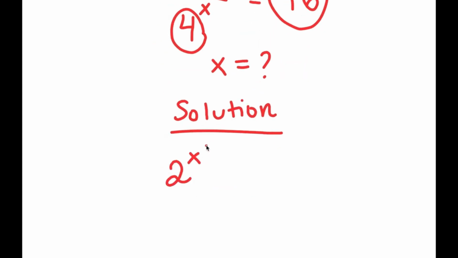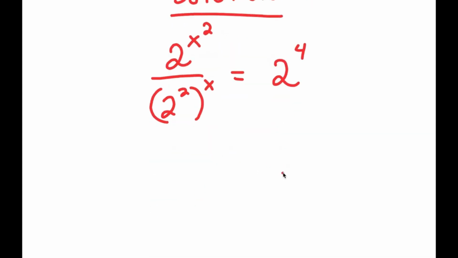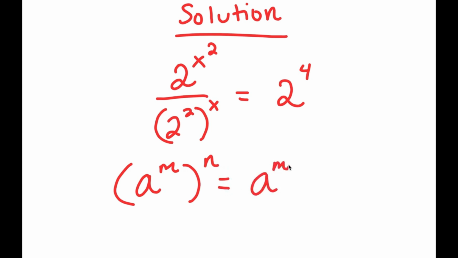So I get 2 to the power of x squared over 2 squared to the power of x is equal to 2 to the power of 4. Now from here, if I have something in the form a to the power of m to the power of n, this is equal to a to the power of m times n.